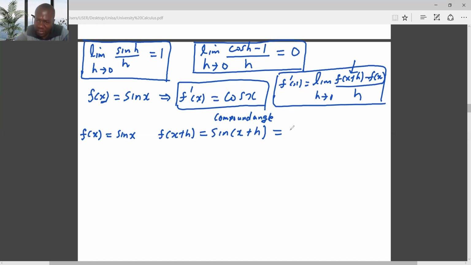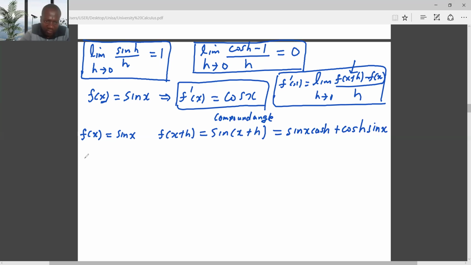We know for sine, it's sine cos, cos sine. So it's sine x cos h plus cos x sine h.